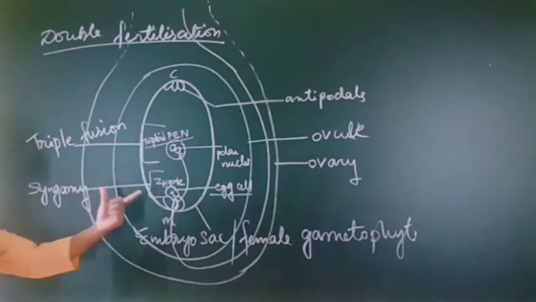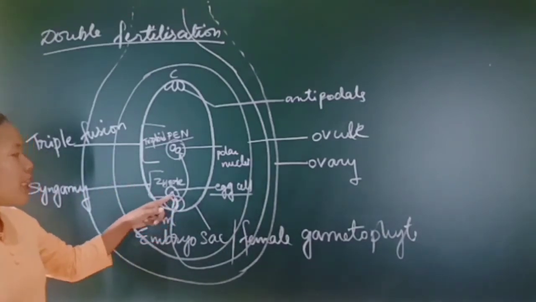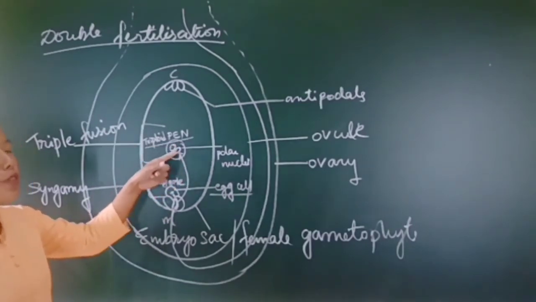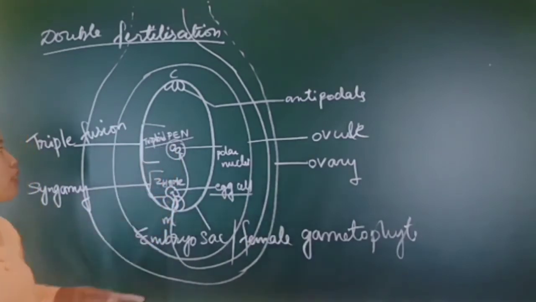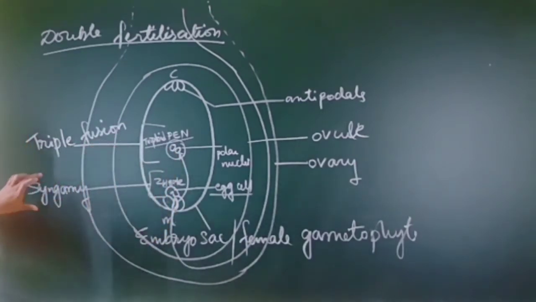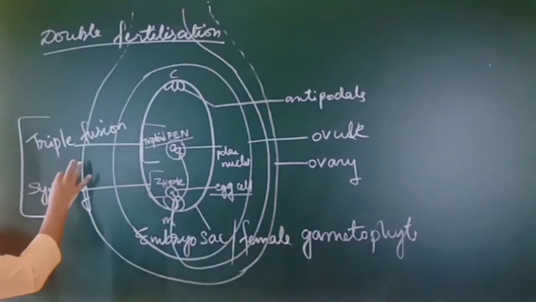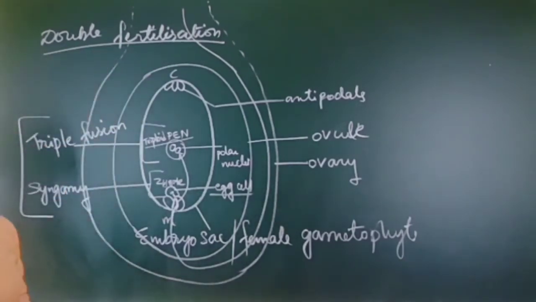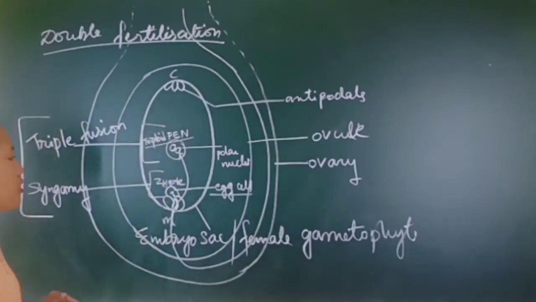So two fusions have taken place: one is the male gamete with the egg, and another is the male gamete with the polar nuclei. Syngamy and triple fusion. Since these two types of fusion, or two fertilizations, have taken place, this whole process is called double fertilization. Understood or not?